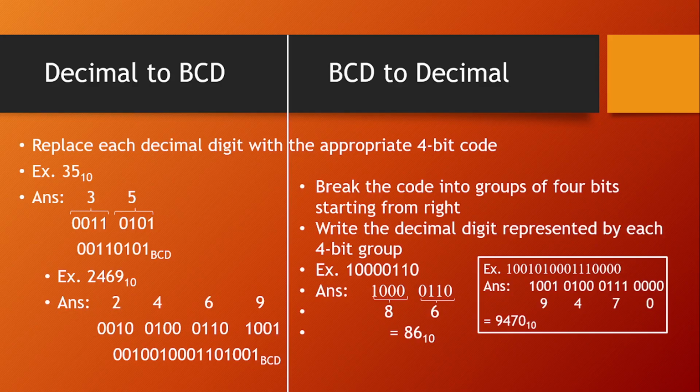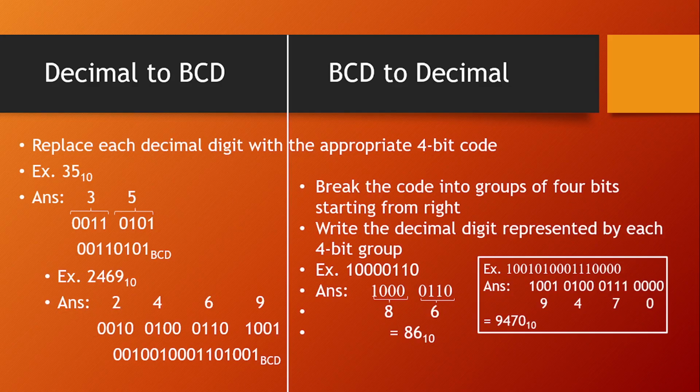Similarly for 6, 4 plus 2, so 0110. For 4 in 8421 fashion, it is 0100: for 4 we put 1, and 2 as 0 and 1 as 0. So 0100. 2 in 8421 fashion is written as 8 is 0, 4 is 0, 2 is 1 and 1 is 0.